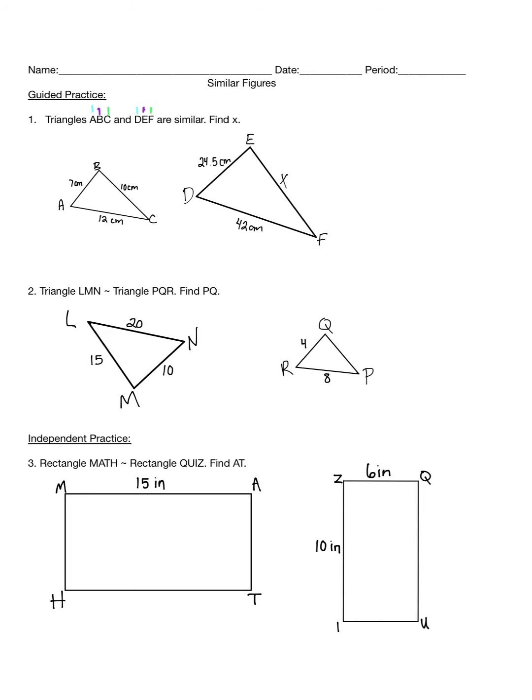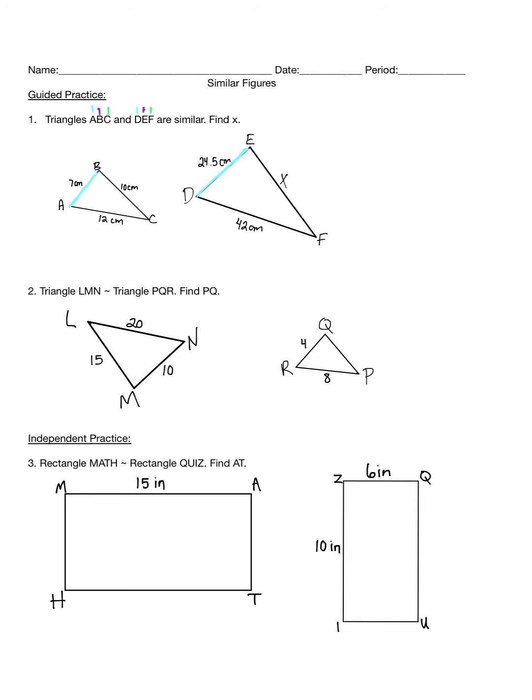That means that the line segments between those angles are coordinating as well. So A to B would be here, which means D to E would be here, okay?